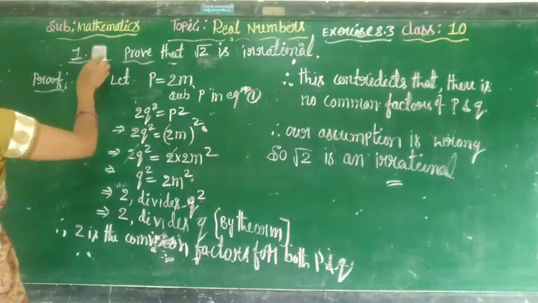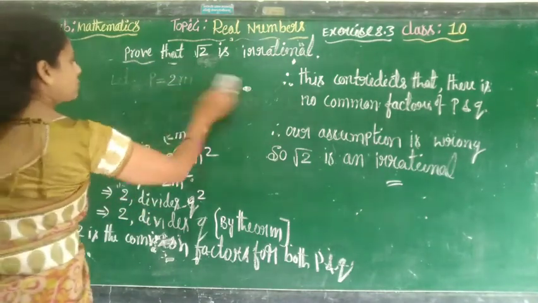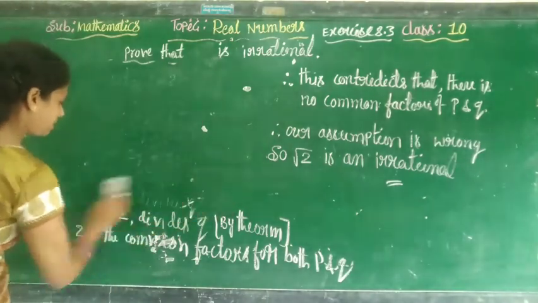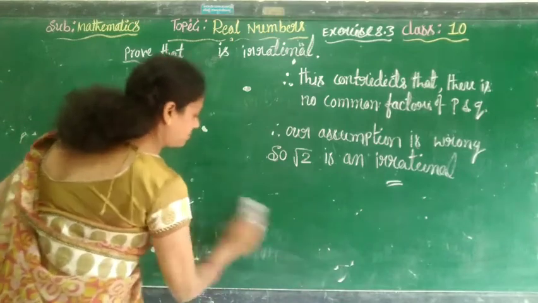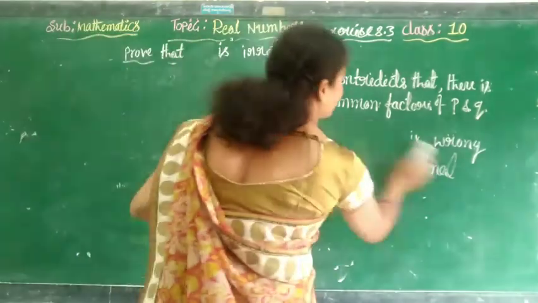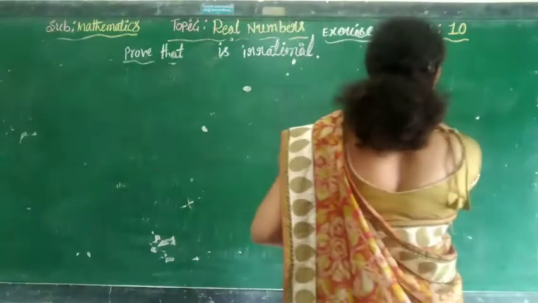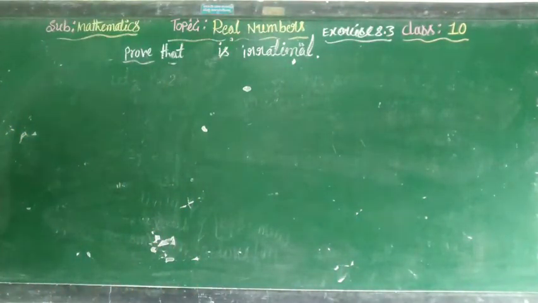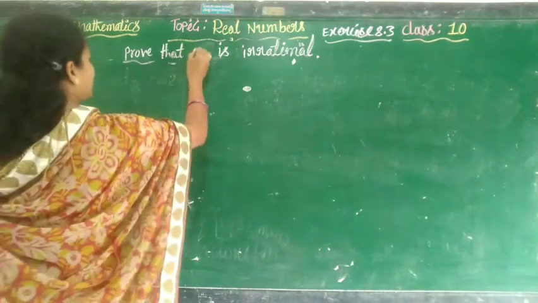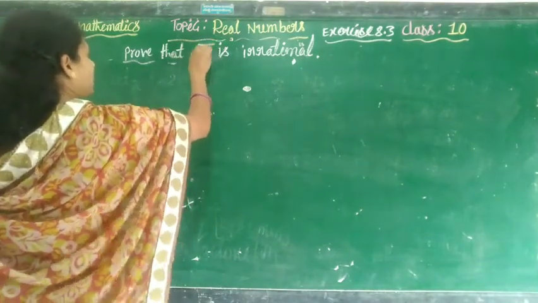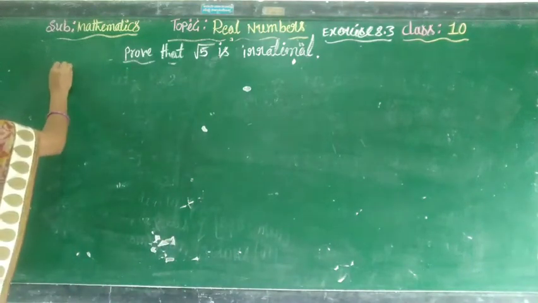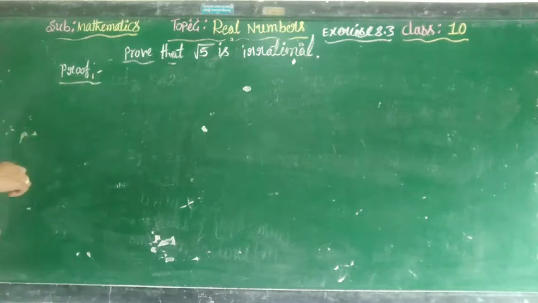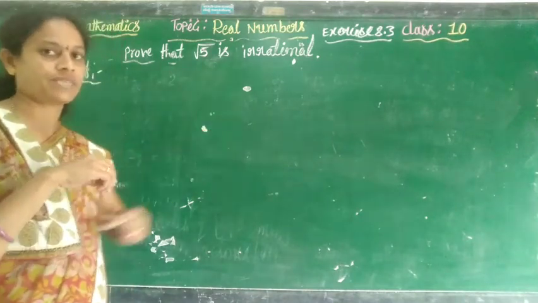Prove that root 5 is irrational. Root 5 is irrational. Exercise 8.3. Prove that root 5 is irrational. So we can prove that root 5 is irrational.